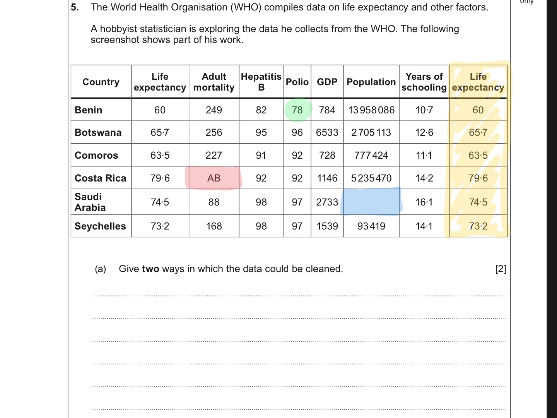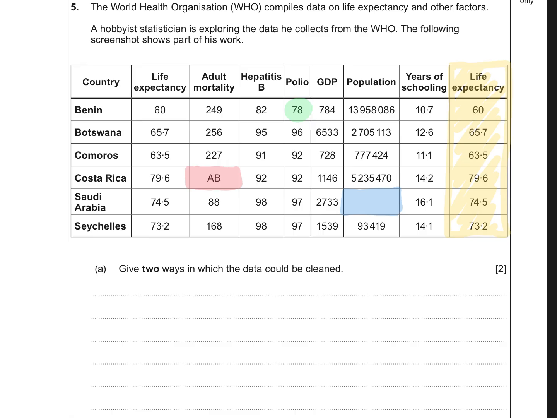Now that doesn't mean it's wrong, it doesn't mean there's been an error in calculating it or an error in finding this data, but it is significantly different. So I would be thinking, could it potentially be an outlier? Maybe there have been some inaccuracy when this data was being collected? That would probably be my final reason, because there's nothing to make me suspect that there's anything wrong with that, but it is very different.